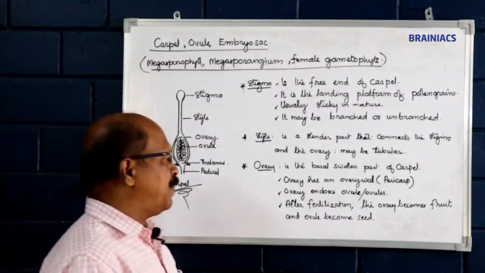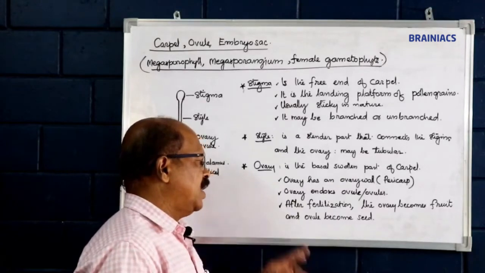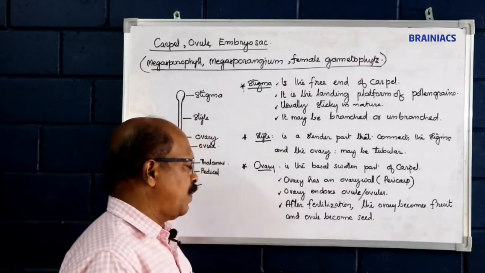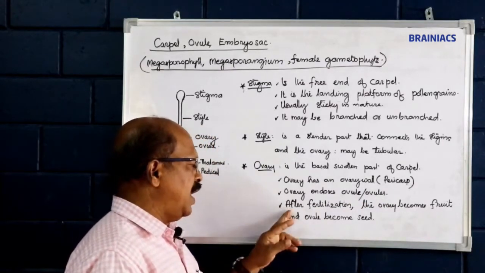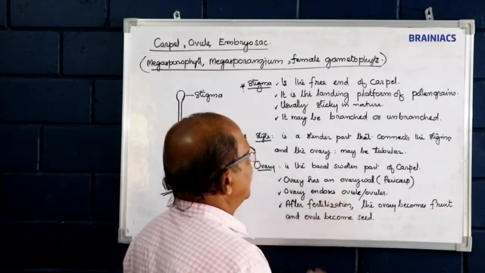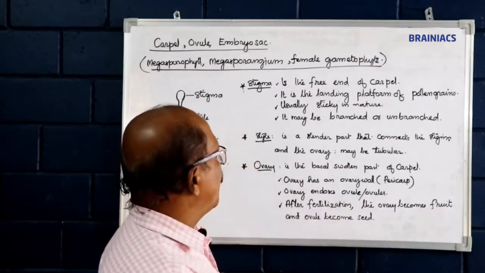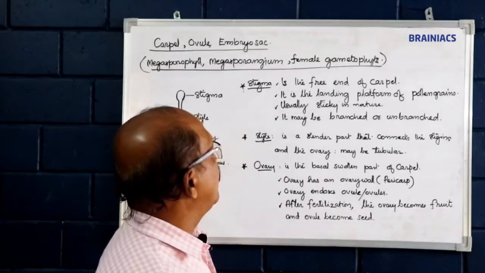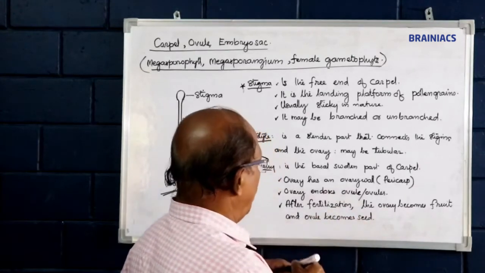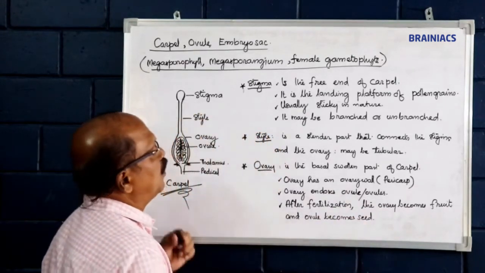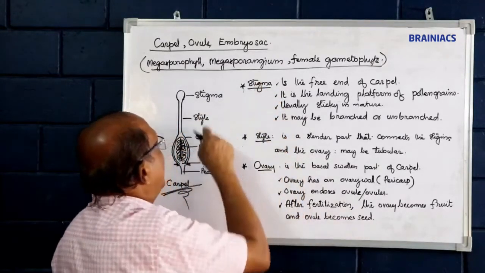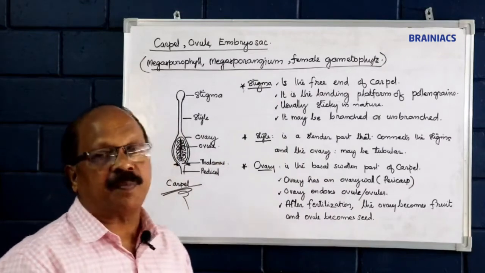Later becomes pericarp, and the ovary encloses ovules or ovule, and after fertilization, the ovary becomes fruit and ovule becomes seed. See, so ovary, style and stigma constitute the parts of a carpel.